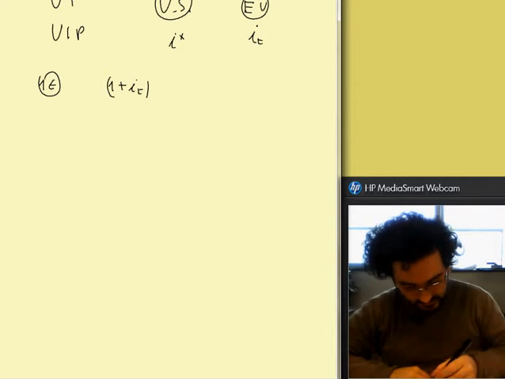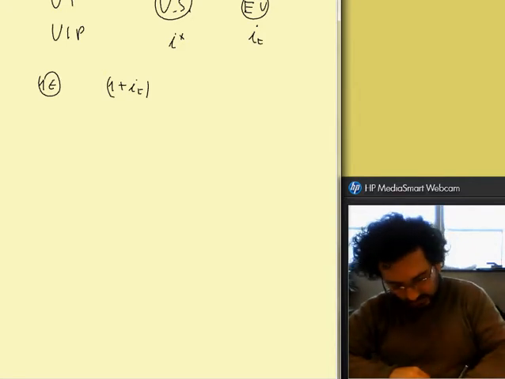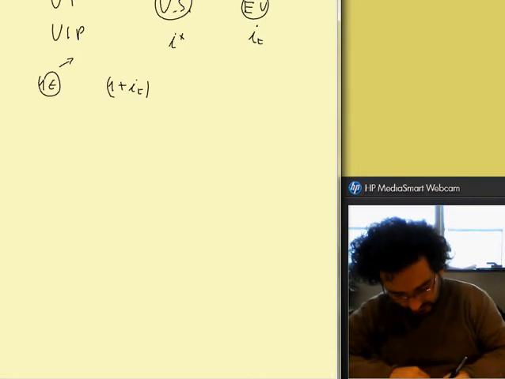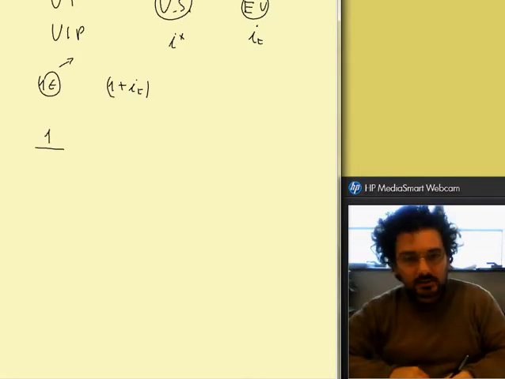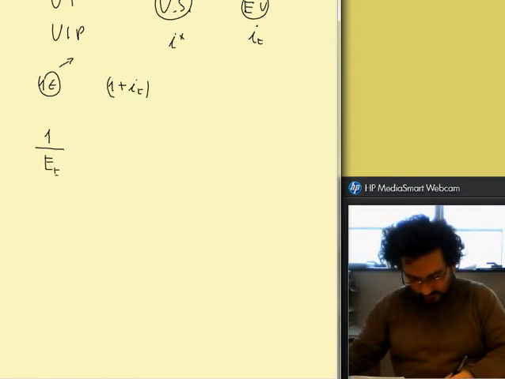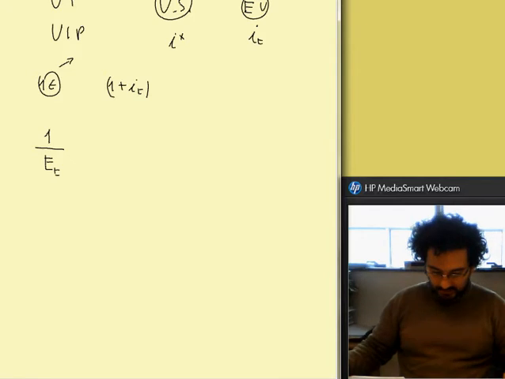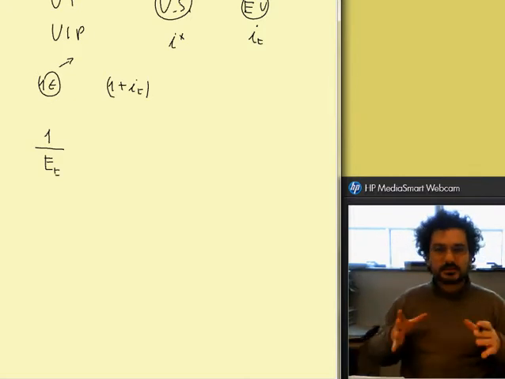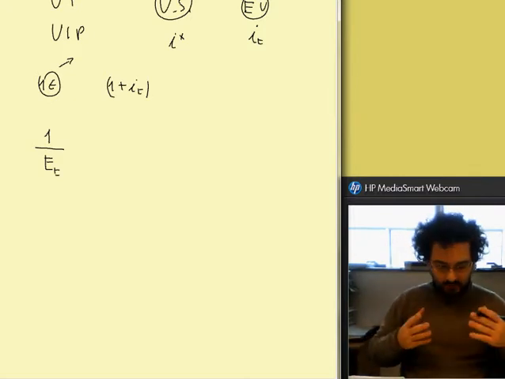The alternative is to invest this euro in the US market, but first we have to convert this euro into US dollars, so we divide by the current exchange rate between the US dollar and the euro, which is expressed as euro for each dollar.